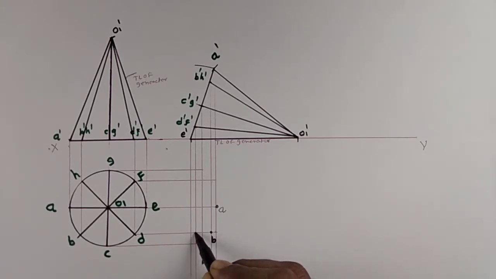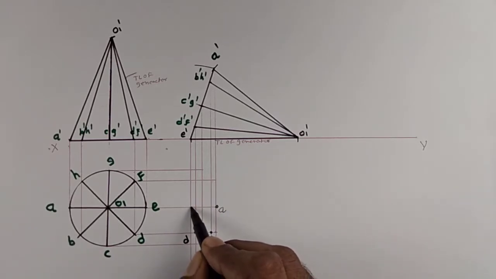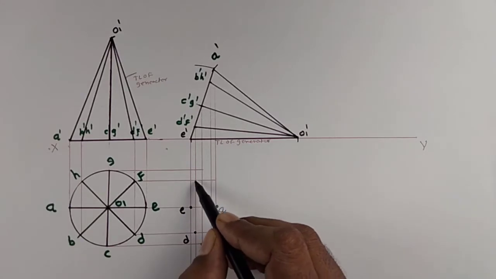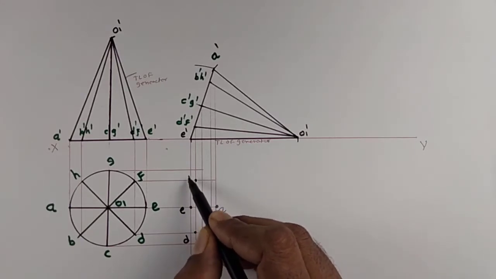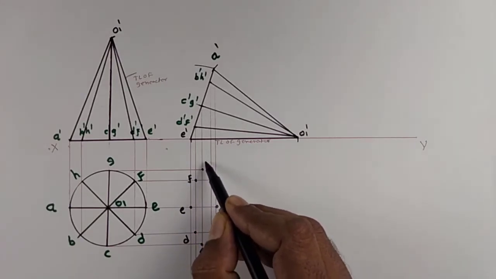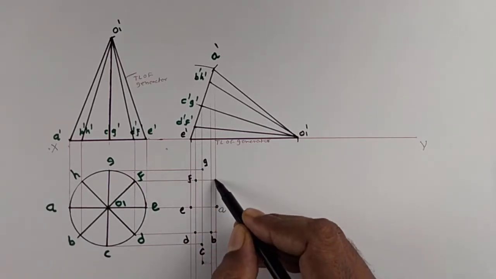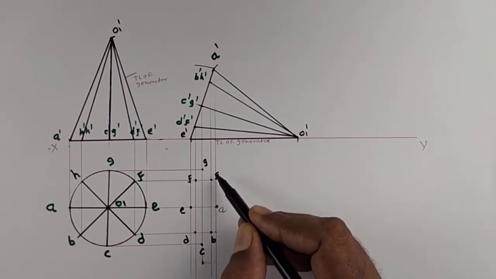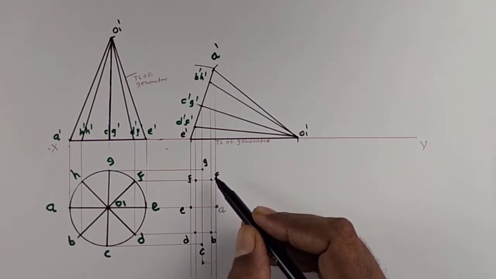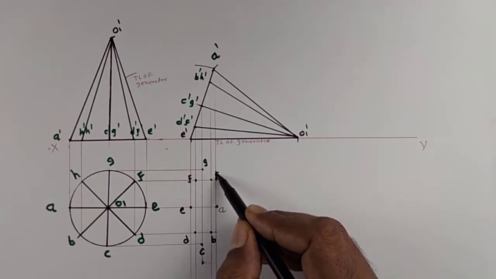This is my D. It is our E point. It is our F. This is our G, and this is your F, H.